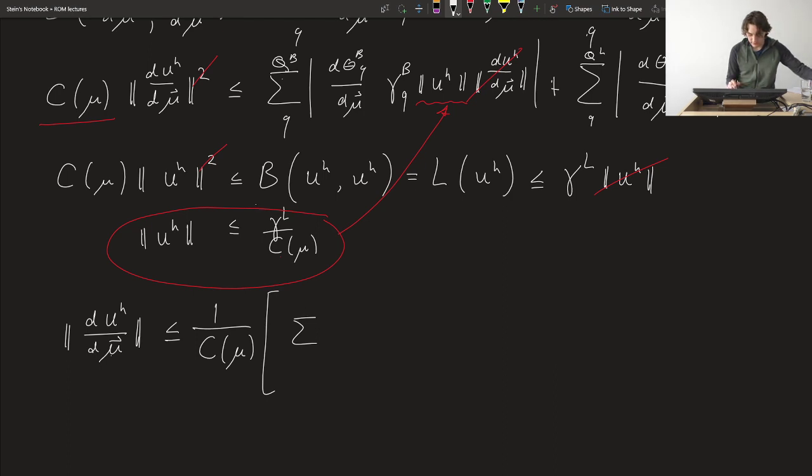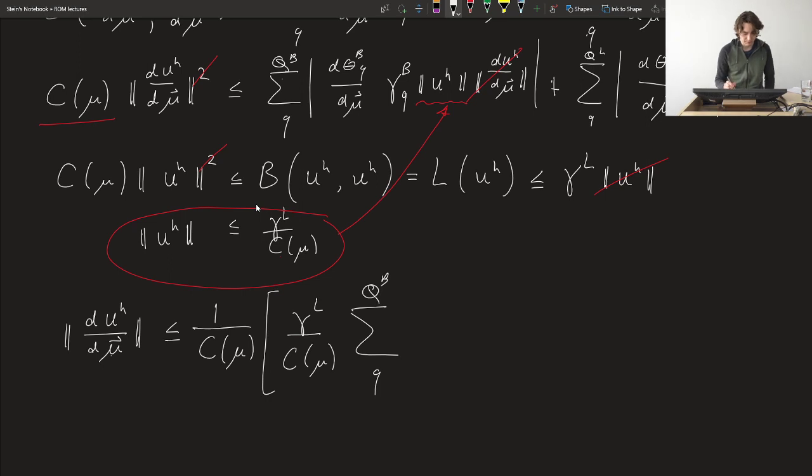I want to have this term first. So this one is a constant, so this moves out, gamma L over C mu. Again, the sum over Q of the absolute values of my theta derivatives, weighted by those largest eigenvalues of the b's.